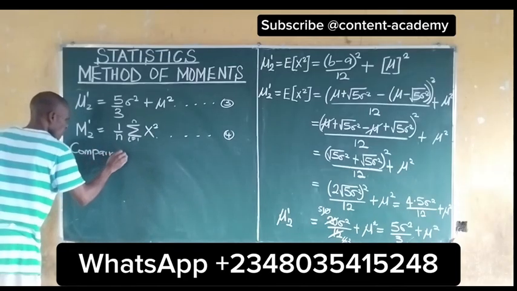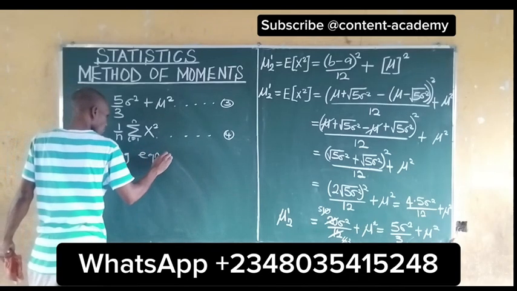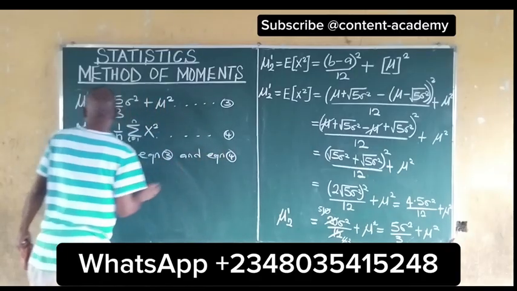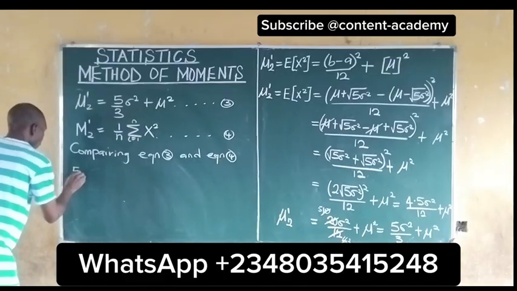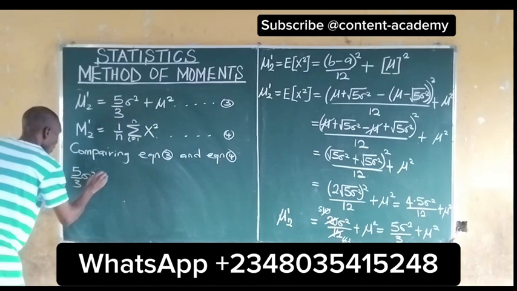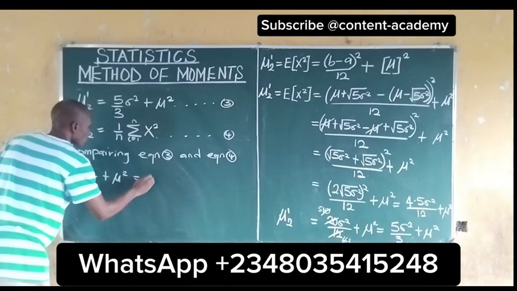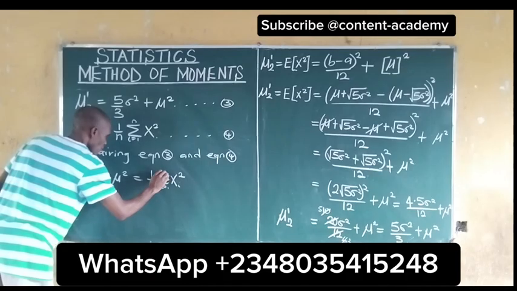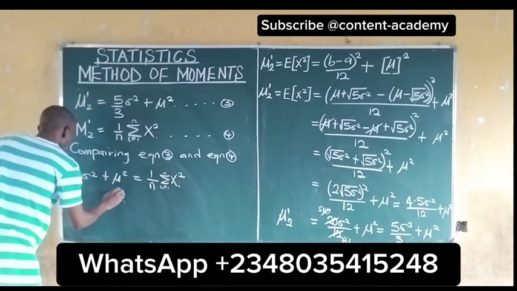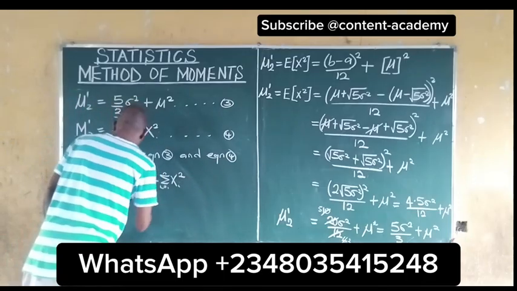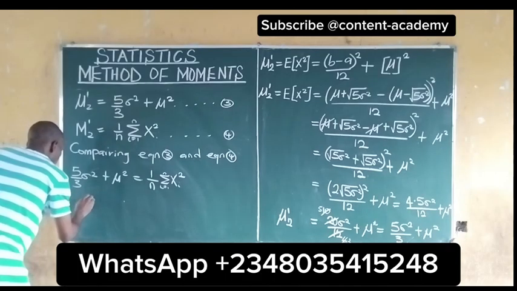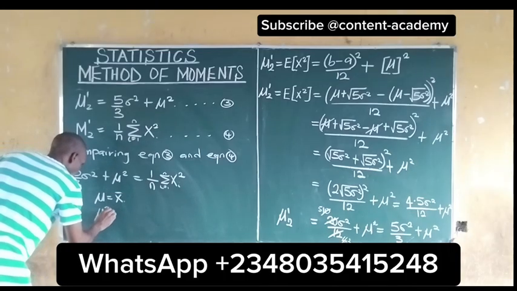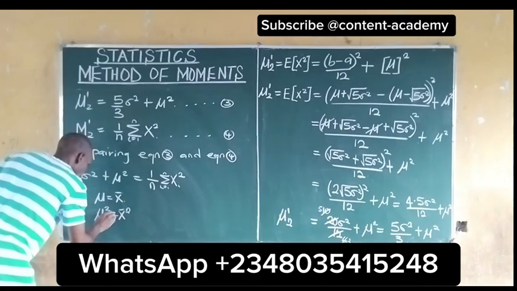Comparing equation 3 and equation 4, we have 5 all over 3 sigma squared plus mu squared is equal to 1 all over n summation of xi squared as i runs from 1 to n, where mu is equal to x bar and mu squared is equal to x bar squared.